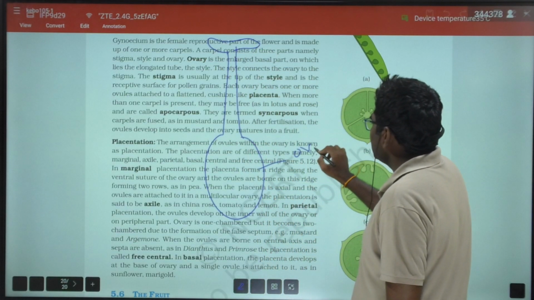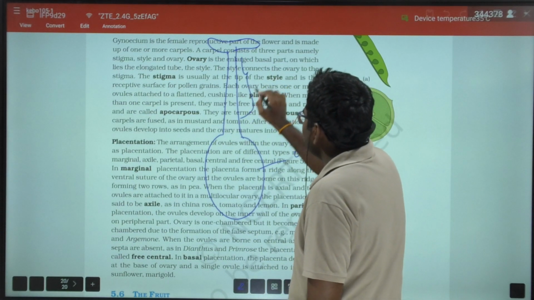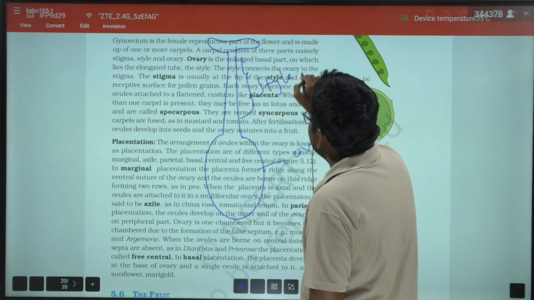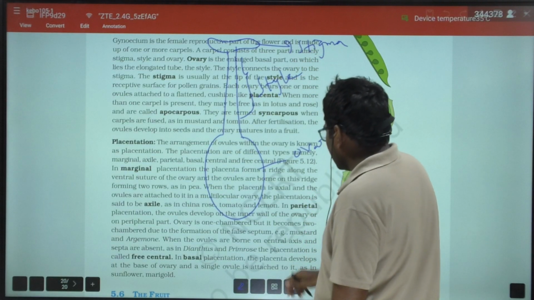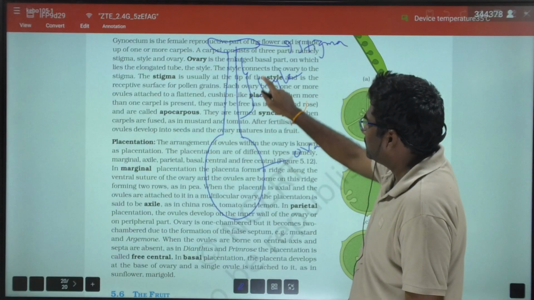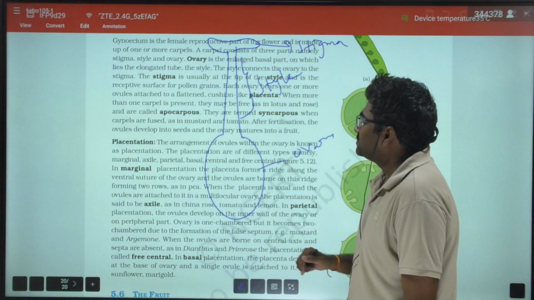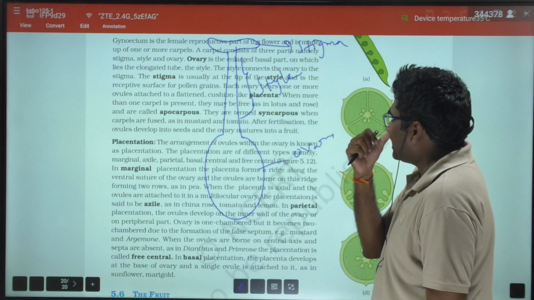This is the ovary, this part is the style, and this one is the stigma. The gynoecium is made up of one or more carpels.